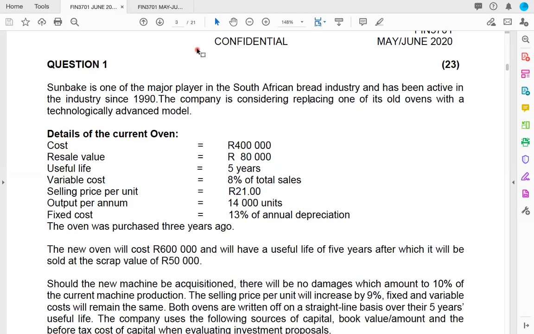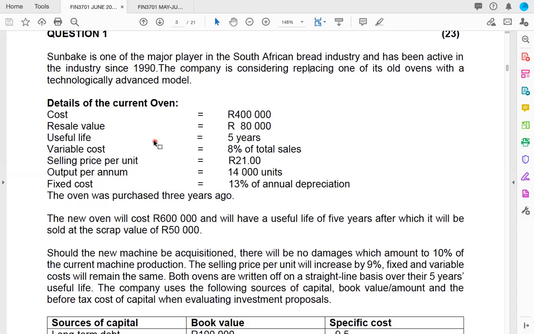We are told Sunbake is one of the major players in the South African bread industry and has been active in the industry since 1990. The company is considering replacing one of its old ovens with a technologically advanced model. And then we're given details of the current oven. The current oven was purchased at a cost price of 400,000 Rand.